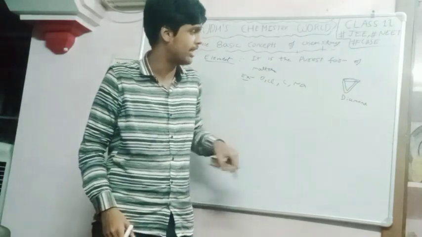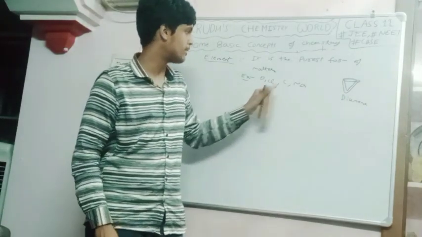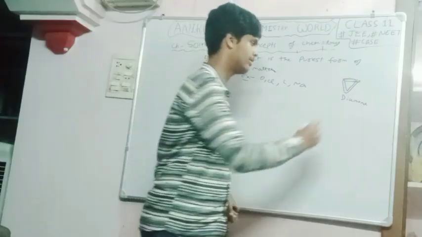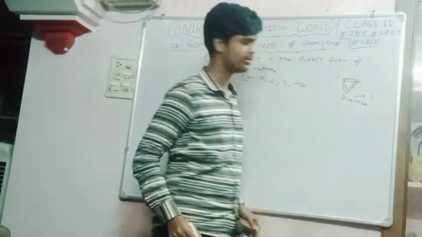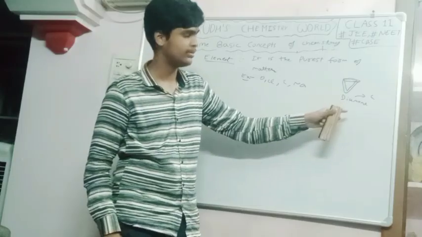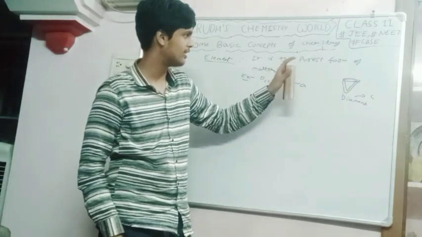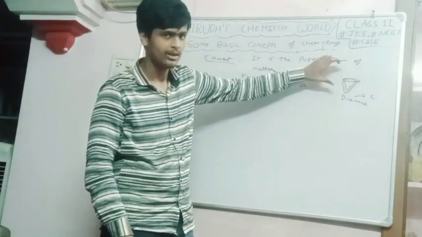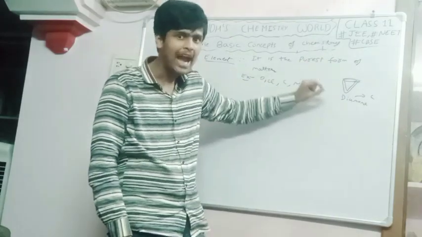This is a diamond, and this diamond is the purest form of carbon. Diamond is nothing but it will have only the atoms of carbon. Suppose this is the diamond, which is the purest form of element. In this diamond, you will have only atoms of carbon.